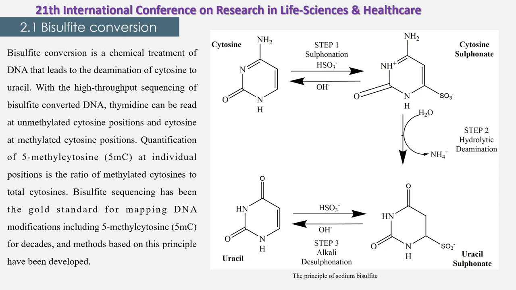Quantification of 5mC at individual positions is the ratio of methylated cytosine to total cytosine. Bisulfite sequencing has been the gold standard for mapping DNA modifications, including 5mC, for decades, and many methods based on this principle have been developed.